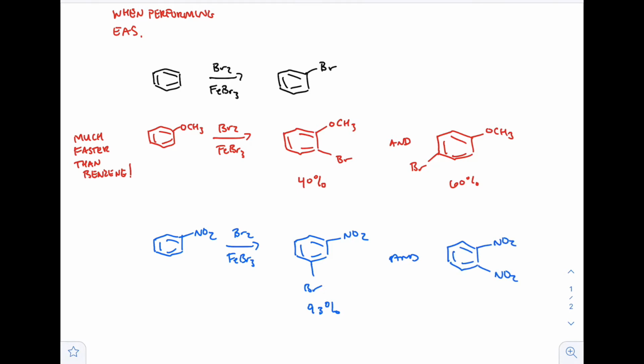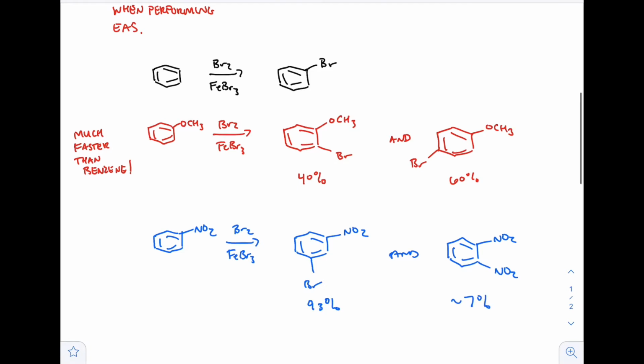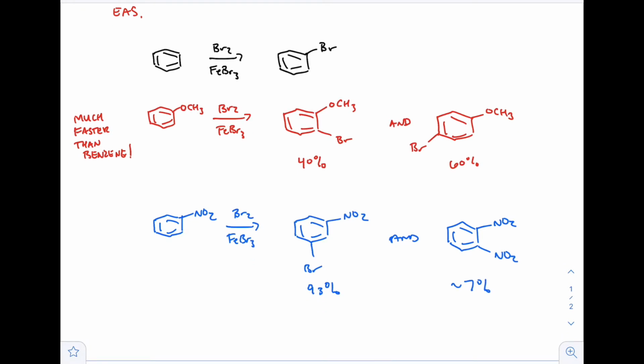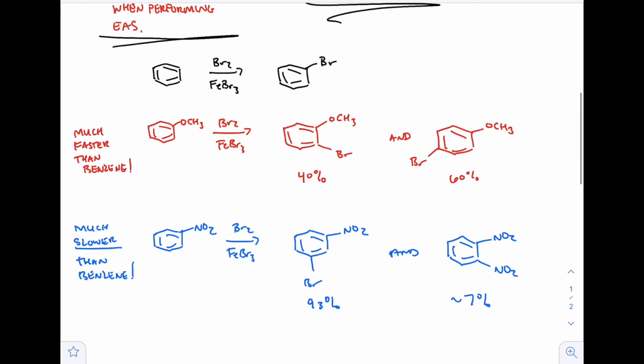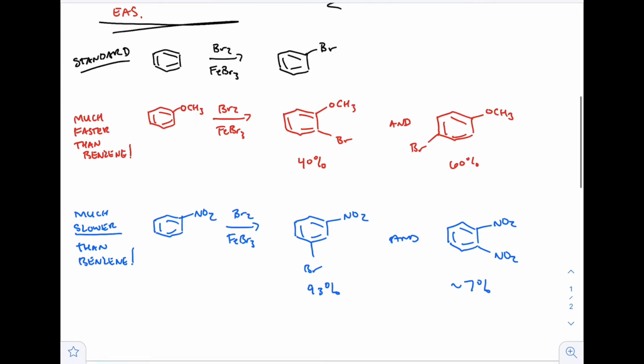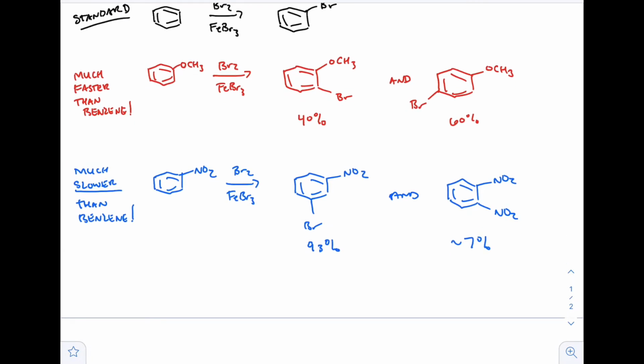So there's, again, like I said, 5 different spots on this particular benzene ring, and so we're going to get a mixture for sure. But it's all about what is the major product, right? Blue is much slower than benzene, and that's really what we're talking about when we're saying rates of reaction. Benzene is the 0 point, and it's the standard in terms of comparison.